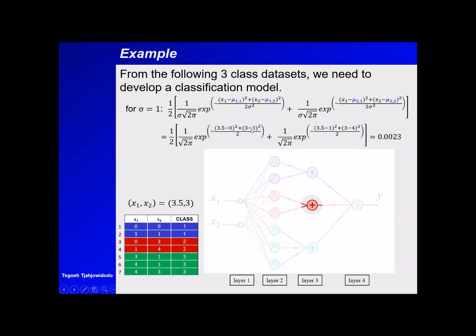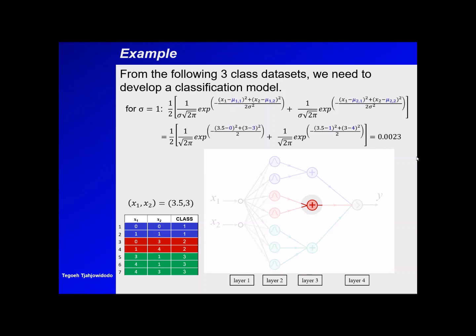And then I average it with the one from the fourth data set, 3.5 minus 1, right? And 3 minus 4. I sum these two, divide by 2, and I get 0.0023, 0.23%.